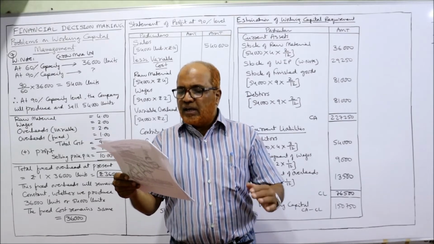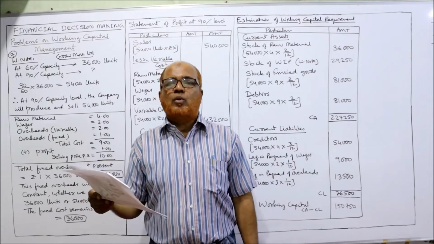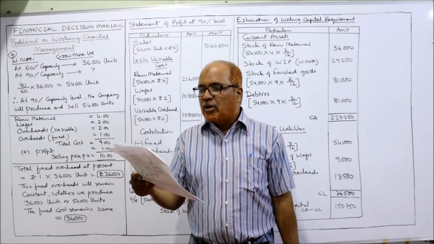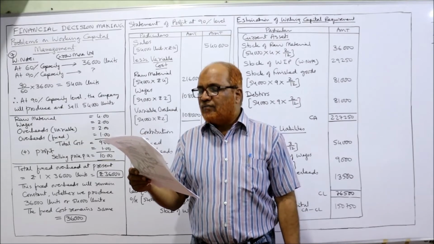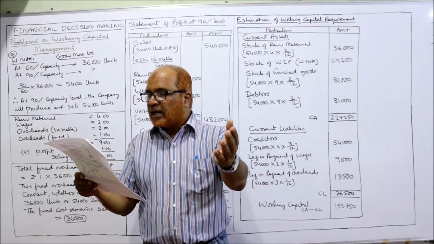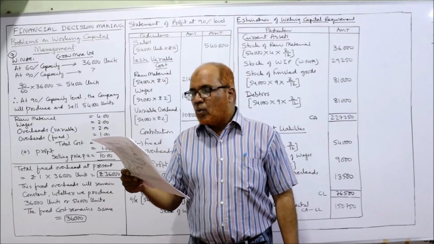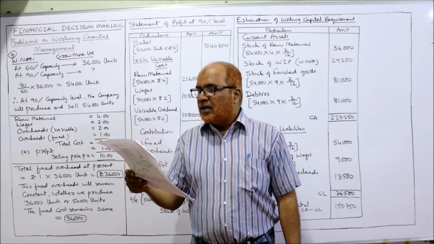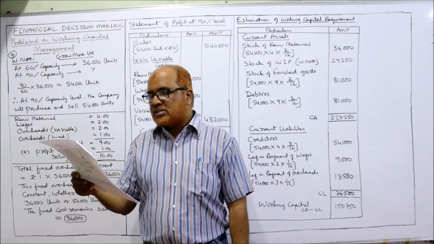These units remain in production process for 1 month. That means work in progress. The period of work in progress is 1 month. Finished goods remain in godown for 2 months. Credit allowed to debtors is 2 months and credit allowed by creditors is 3 months. Lag in wages and overhead payments is 1 month. It may be assumed that wages and overheads accrue evenly throughout the production cycle.